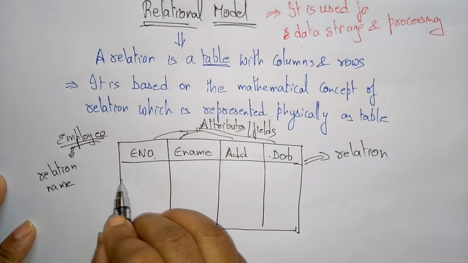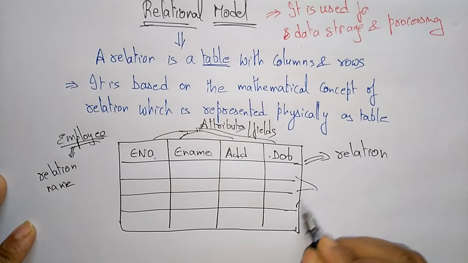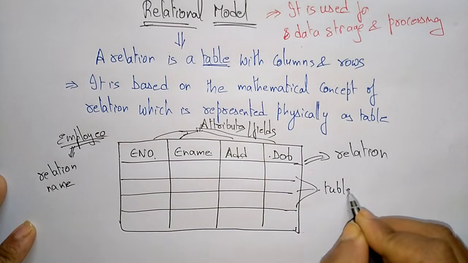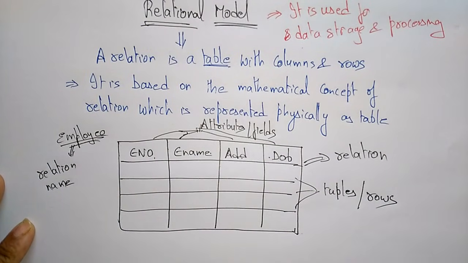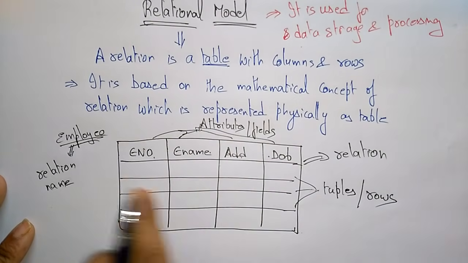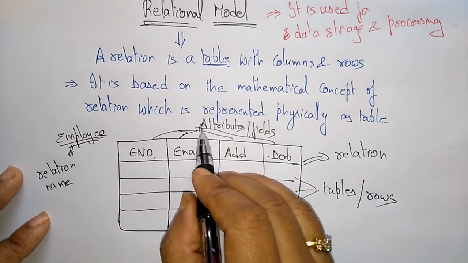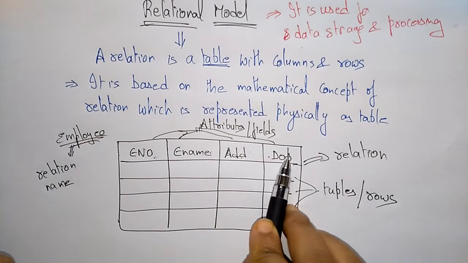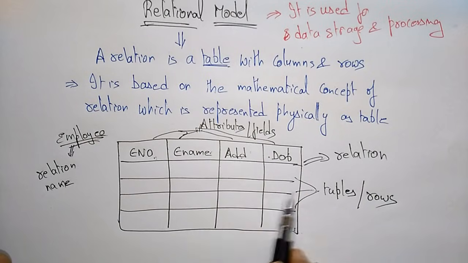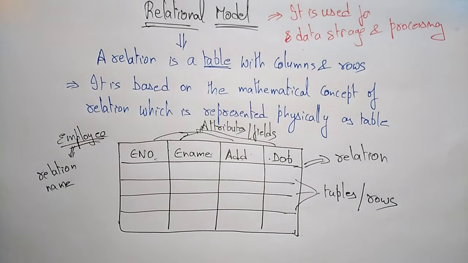And coming to each row, you call it a tuple. The rows are called tuples, whereas the columns are called attributes. These are the terms you have to remember while creating tables.